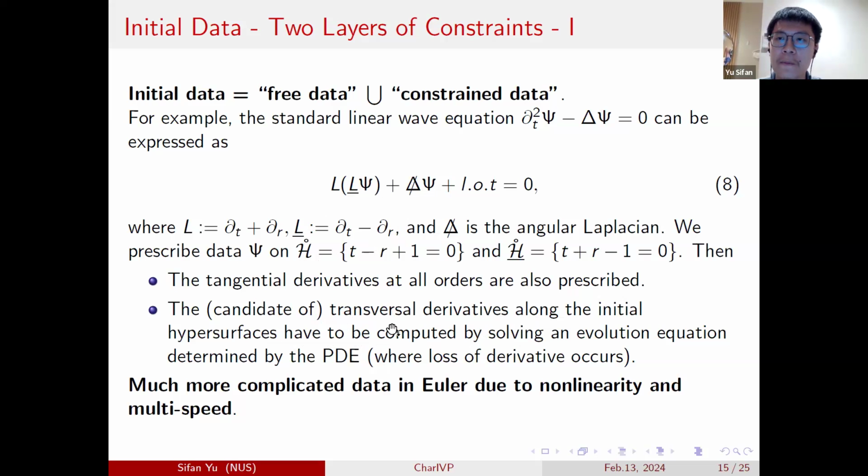Basically, in this regime, psi itself is a free component of the data, and the transversal derivative is a constraint component of the data. So the transversal derivative of psi cannot be prescribed freely. It must satisfy this wave equation 8, and you have to solve it along the integral curve of L.